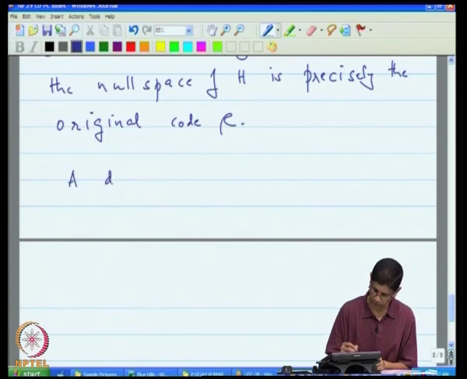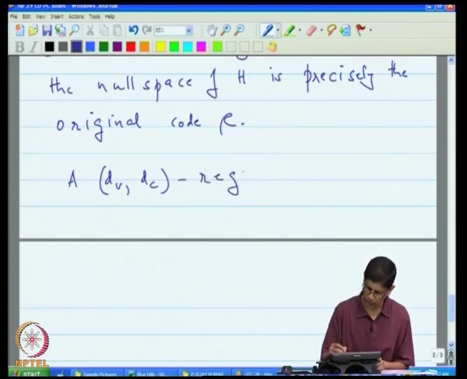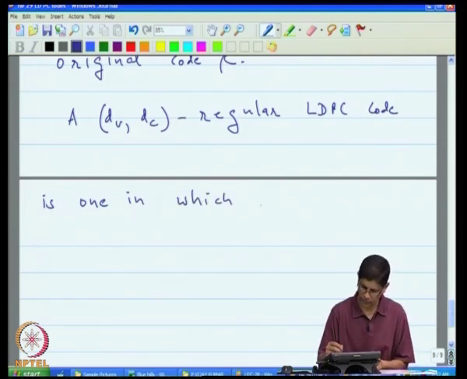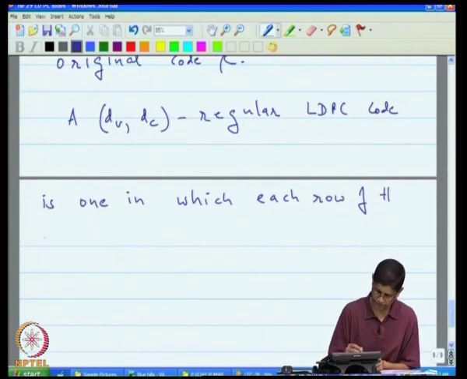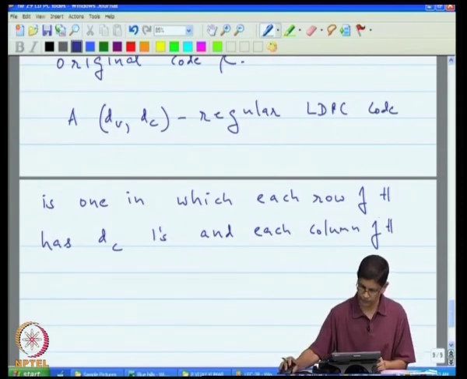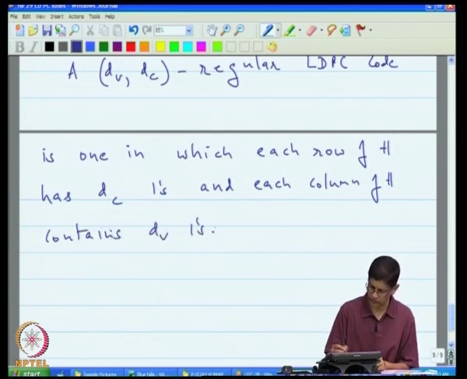A dv, dc regular LDPC code is one in which each row of H has dc ones and each column of H contains dv ones.